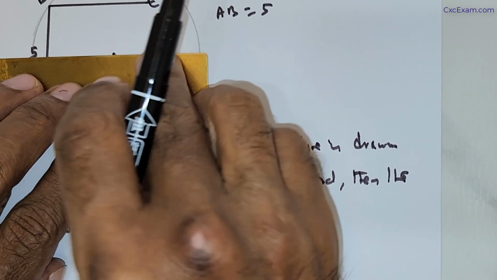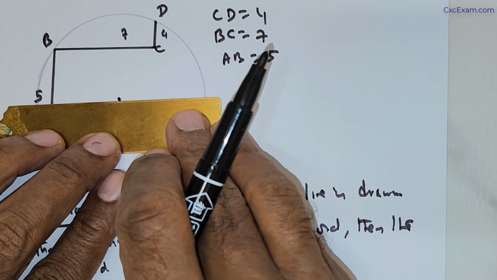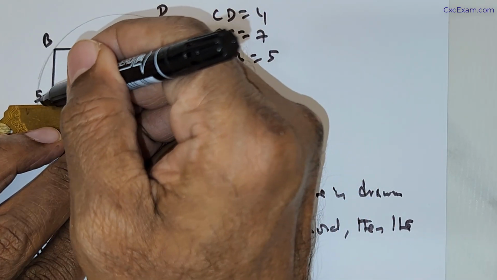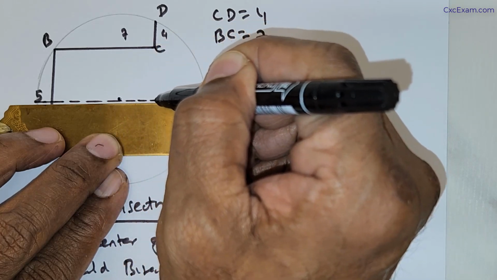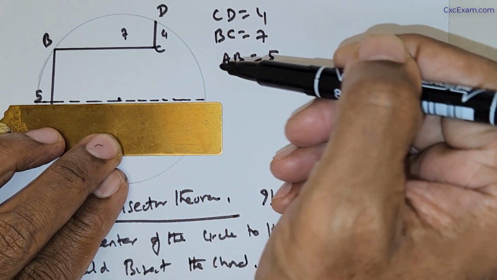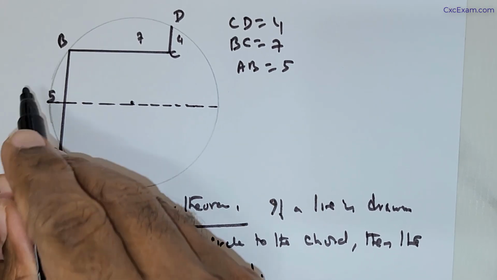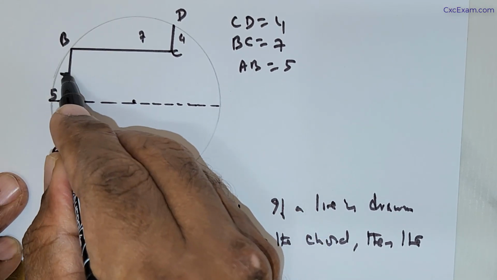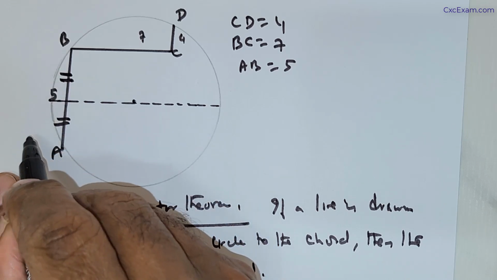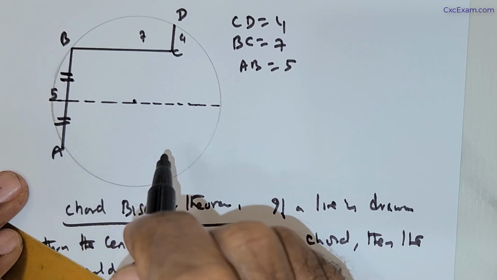So if I were to draw a line like this, then this line would split the chord into two parts. Okay.